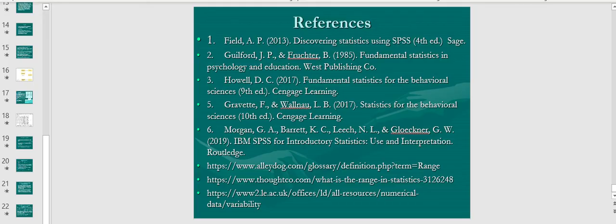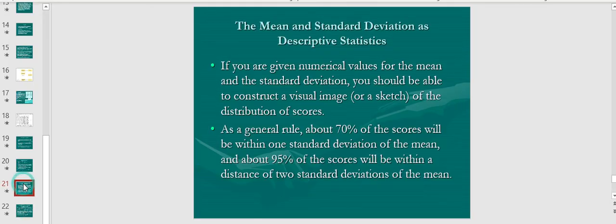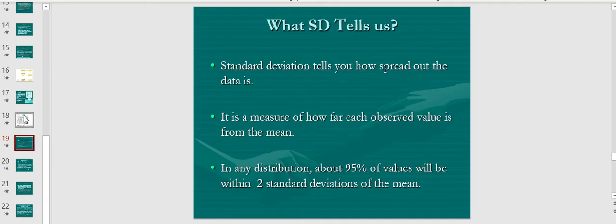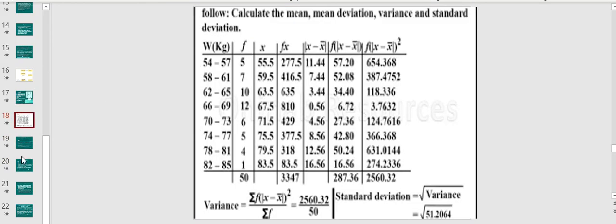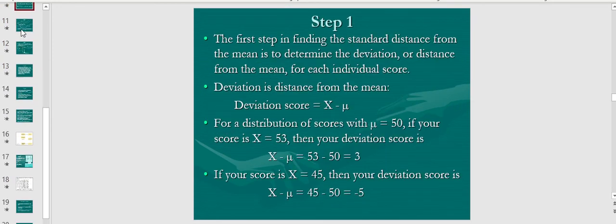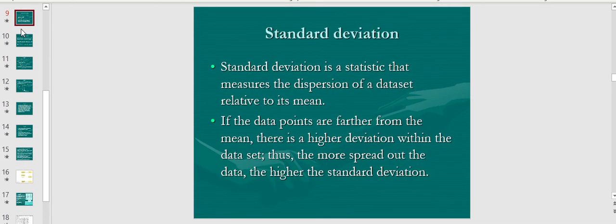So today we learned two methods of finding the dispersion or variability, which are variance and the standard deviation. So in total we learned four methods to find the variability or the dispersion.